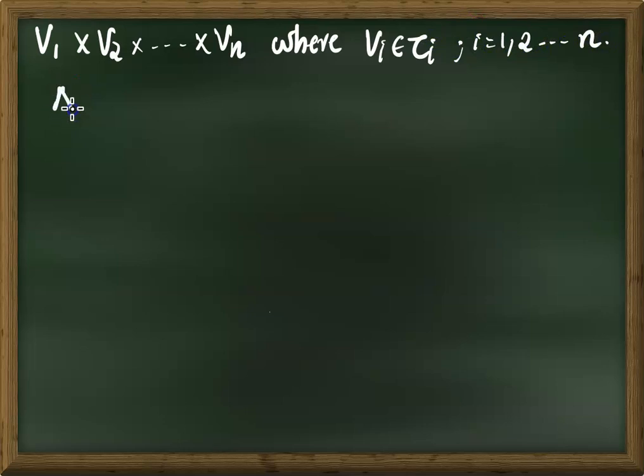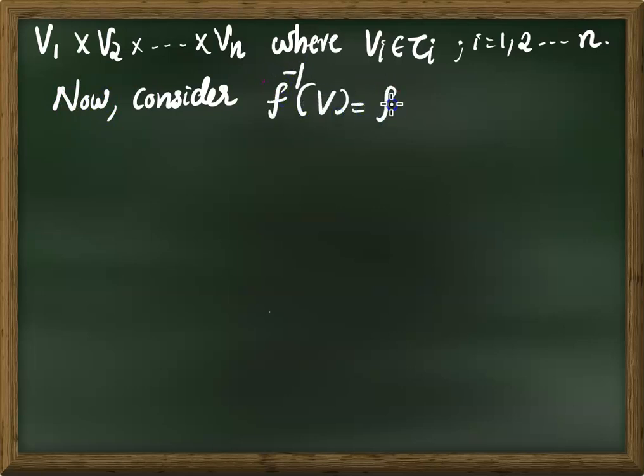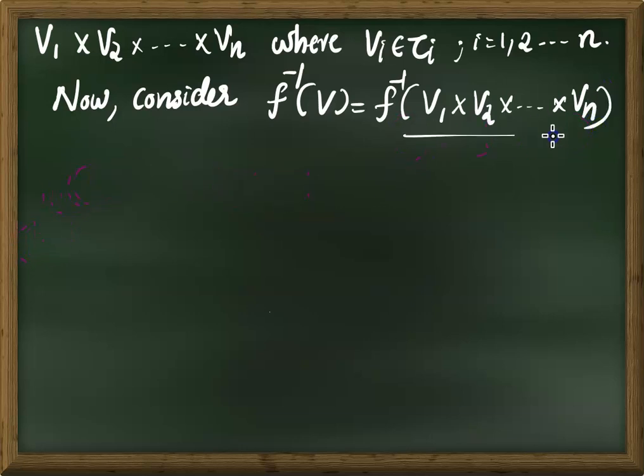Now we need to consider the inverse image of V, that is f inverse of V, which is equal to f inverse of V_1 cross V_2 cross etc. cross V_n. And we need to show that this is in fact an open set in Z.